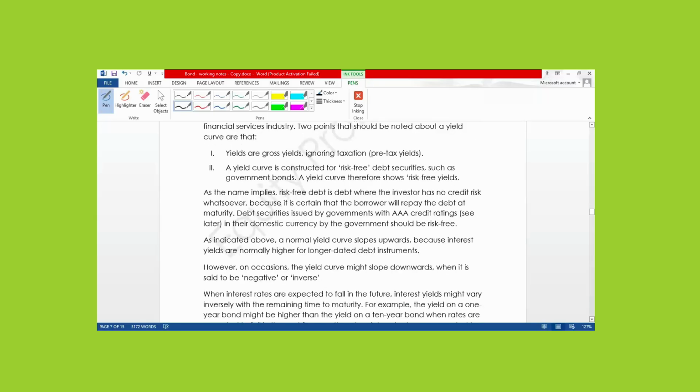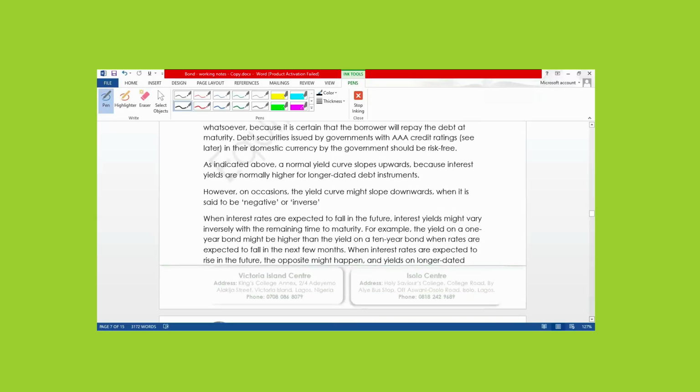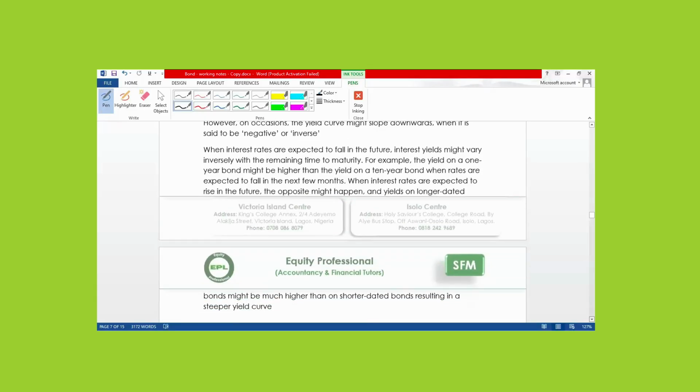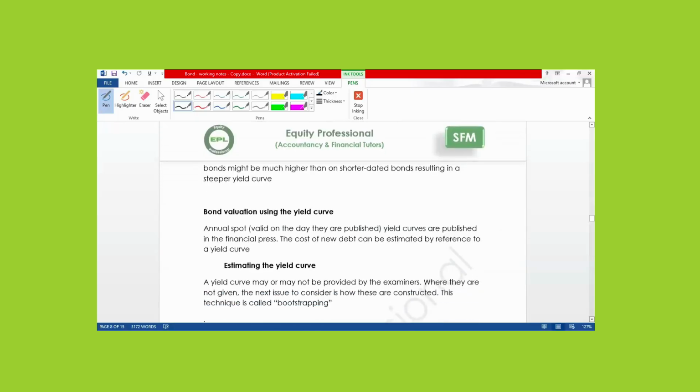And please note, when valuing a bond, we don't consider taxation. You are going to ignore taxation.